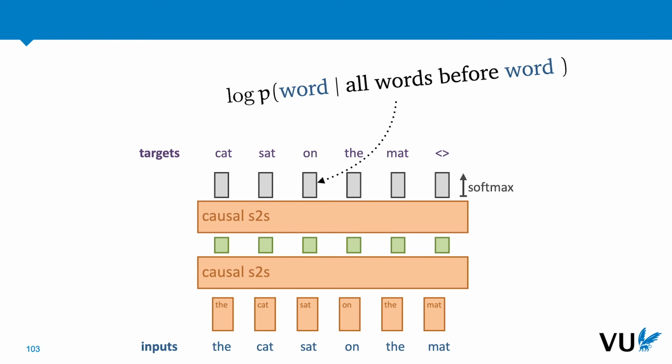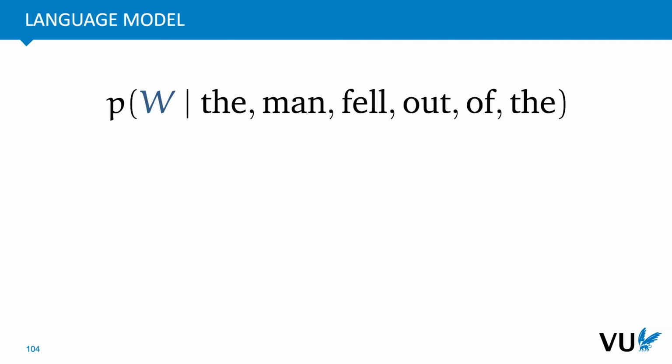So the vector indicated here gives us the probability of seeing the word on, given that we've seen before it the words the, cat, and sat in that order. So to summarize, if we train a sequence-to-sequence model autoregressively with a softmax output layer, what we get is a conditional language model.